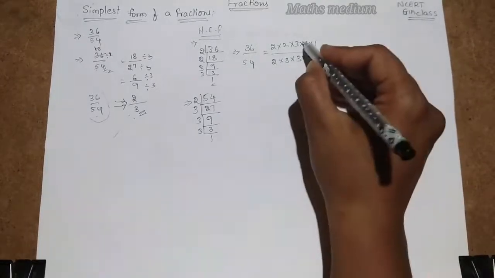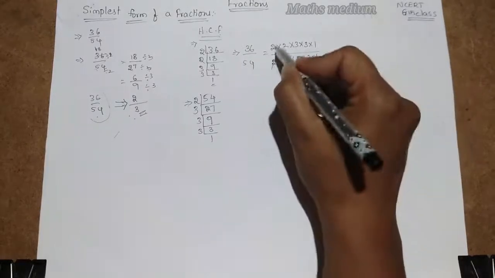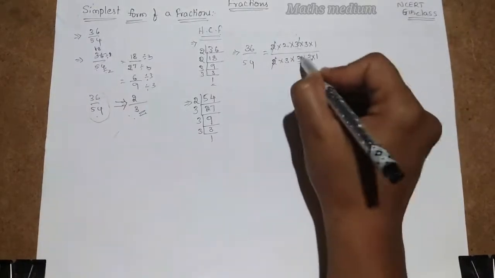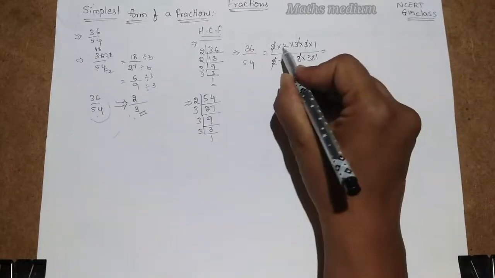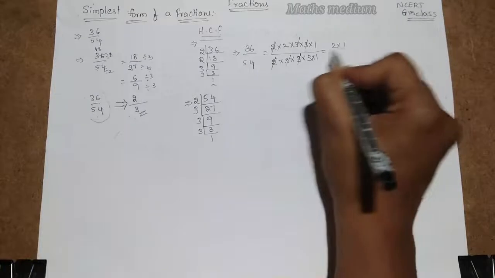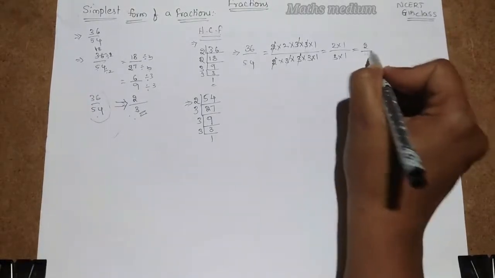If you cancel the common factors on numerator and denominator, 2 gets cancelled, 3 gets cancelled, 3 gets cancelled. So here we have 2 into 1 divided by 3 into 1. So that is 2 by 3.